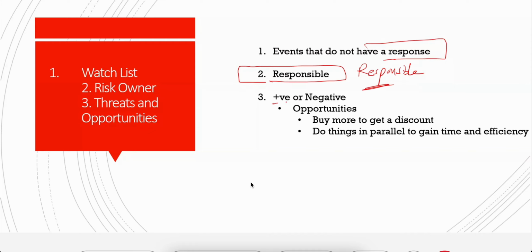Risk can be positive or negative, and if they are positive, they are opportunities. And so you will see in projects that there are a lot of risks, but there are opportunities there of improving the efficiency of the work that's done in the project.